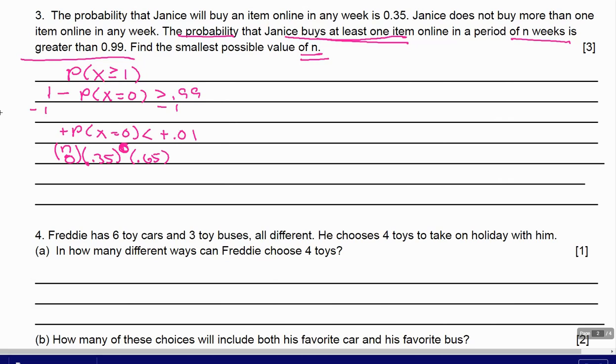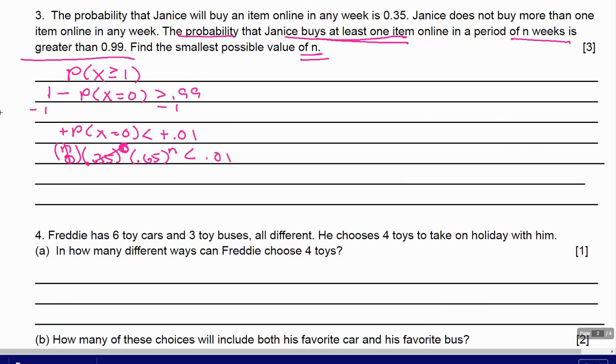Not to 0. Because, right? Now, this is going to be greater or less than. It's going to be less than. Wait a minute. Yeah, it said less than, right? Less than 0.01. Now, n choose 0 is 1. 0.35 to the 0 is 1. So this is what I end up with.